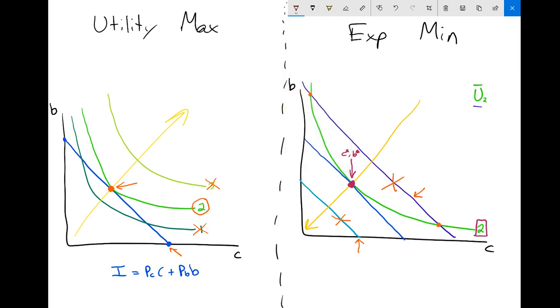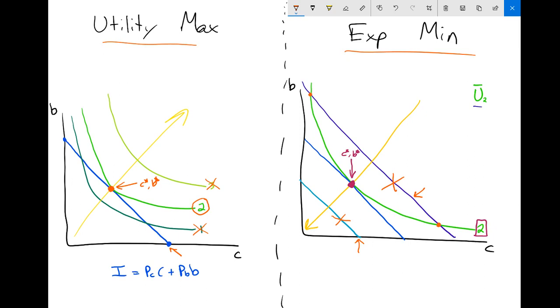This bundle here would be the optimal according to the utility maximization problem. We'll discuss later how these two might be a little different. But this hopefully will give you some of the intuition in terms of the difference between utility maximization and expenditure minimization. In utility maximization, the utility is allowed to vary, and the budget constraint remains the same.